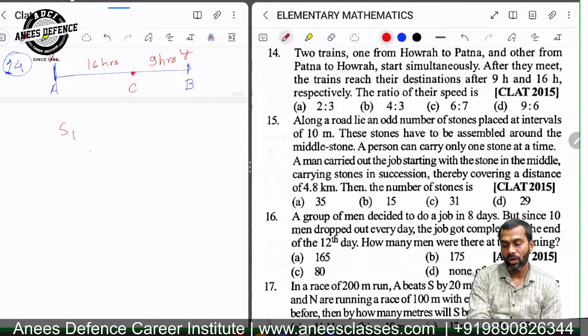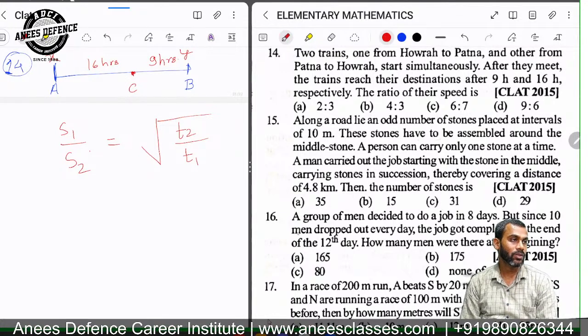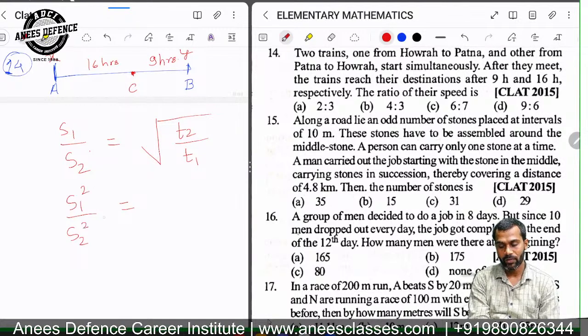So S1 upon S2 will always be equal to root T2 upon T1. Yes or no? So it means, can I say S1 upon S2 whole square is equal to T2 upon T1. So S1 square T1 is equal to S2 square T2.